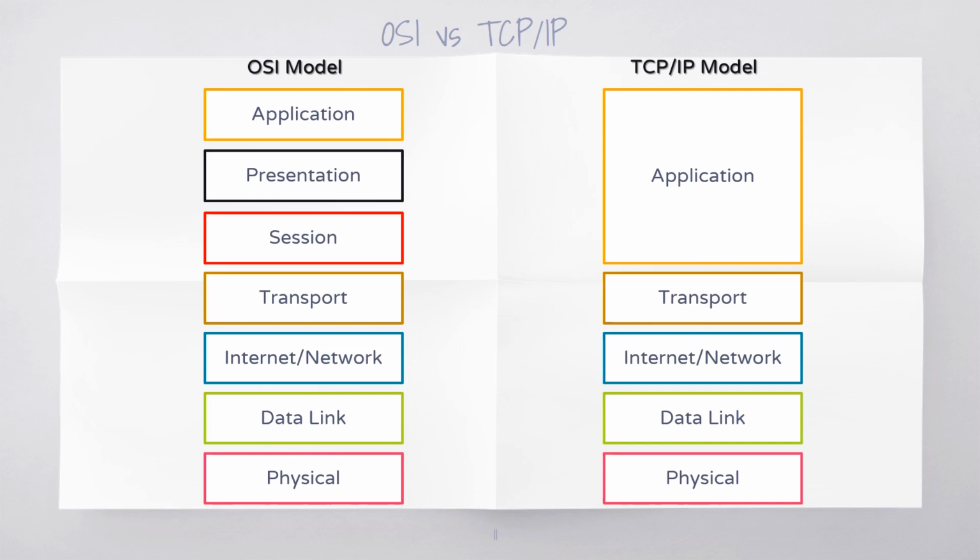The first reason is that since the TCP/IP model was already in action, many people had invested much time as well as money into it. So people were hesitant to invest the same amount of time and money in the OSI model implementation.